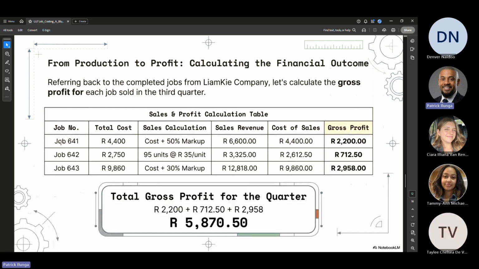So like you can see here, for job 1, they do a 50% markup on the cost. So you basically just take the total cost and you multiply it by what? Please, in the chat, can you write to me, you multiply by what? Shortcut.